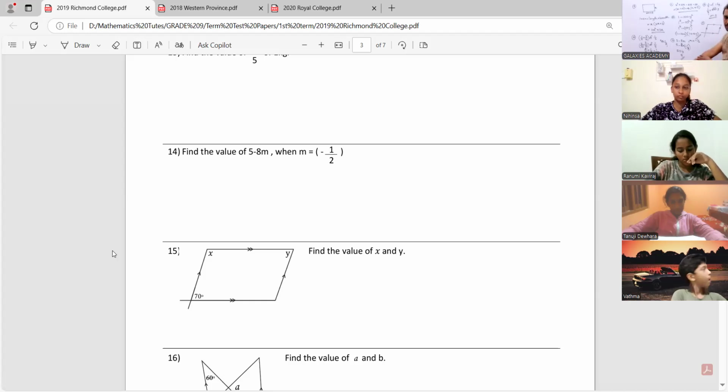Right, x this angle, y this one, and this angle is given as 70 degrees. You have to find x and y separately.